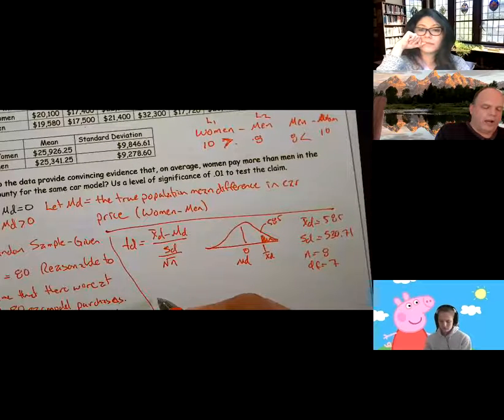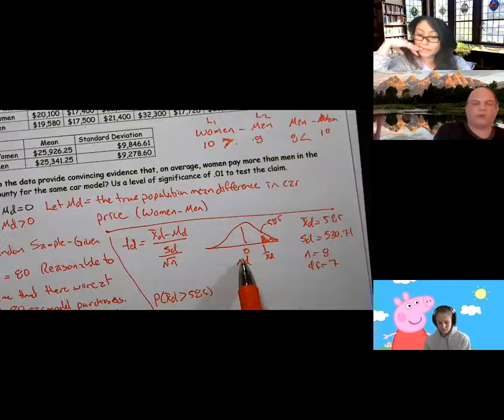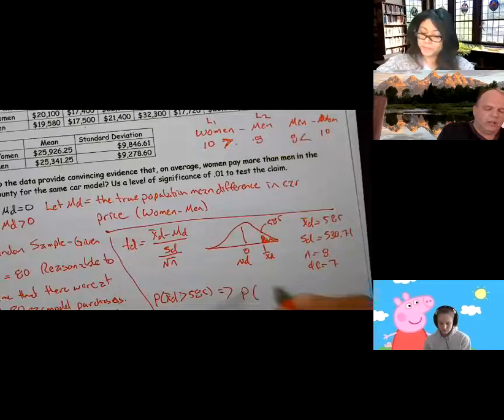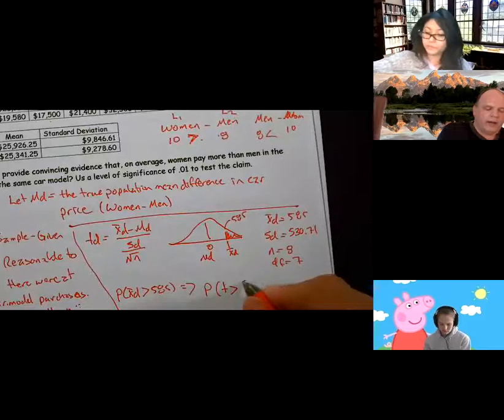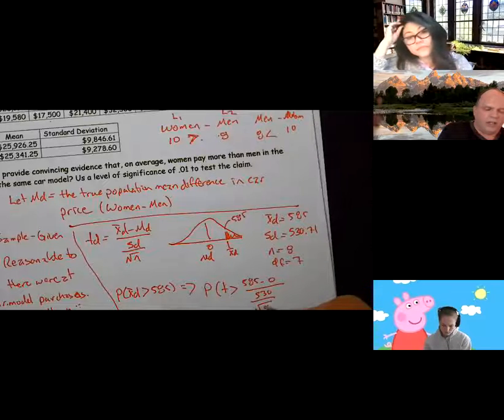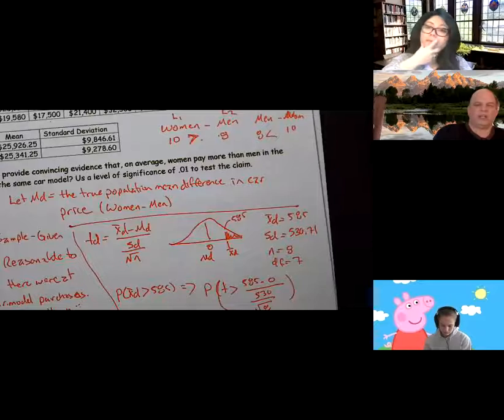So we want to know how likely it is that we would get an x bar d that was greater than or equal to 585 if this were actually true. So that is the probability that t is greater than or equal to 585 minus 0 over 530 divided by the square root of 8. And what does that yield?